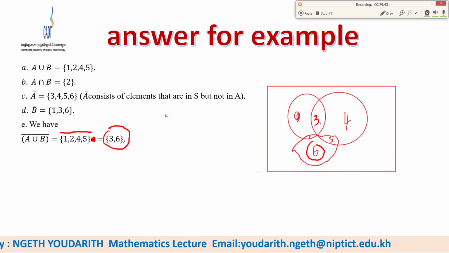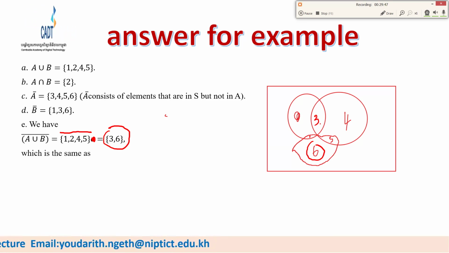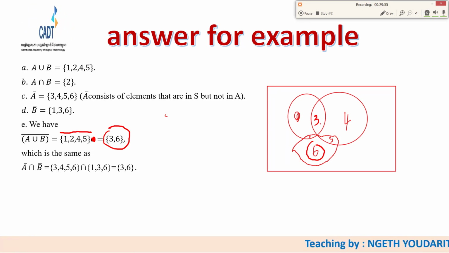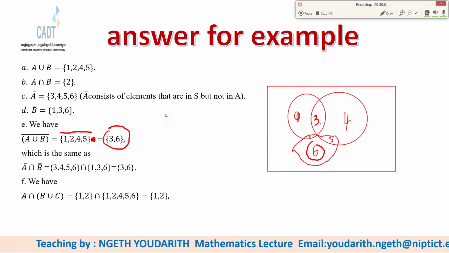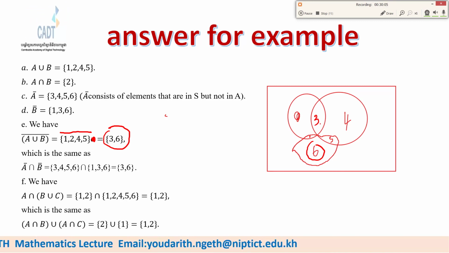And the next, which is the same as the intersection of complement A intersect with complement B, is equal to 3 and 6. So these are equal to each other. And this one is equal to 1, 2, and this one is equal to 1 and 2.